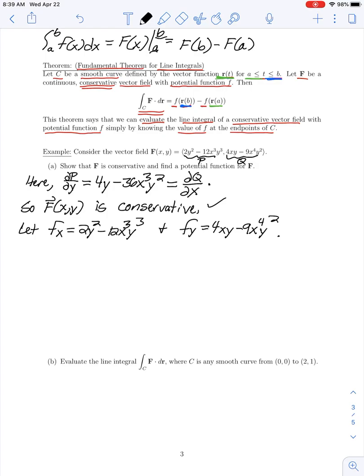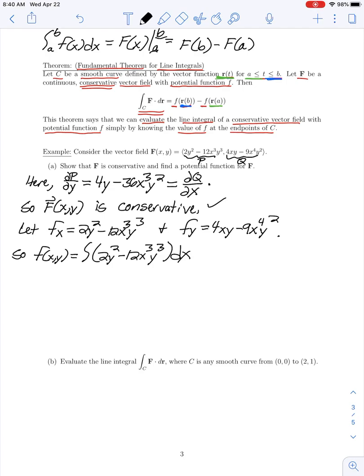So if we know the partial derivatives of our potential function, we can find the potential function itself by finding antiderivatives of one of these partial derivatives. So let's look at it. One way that I could find f would be to look at the antiderivative of the derivative of f with respect to x, integrated with respect to x.